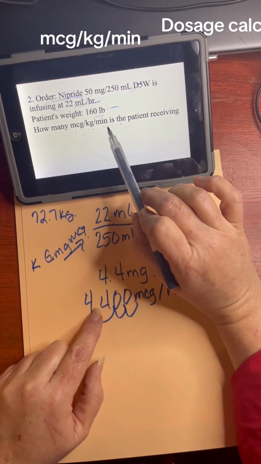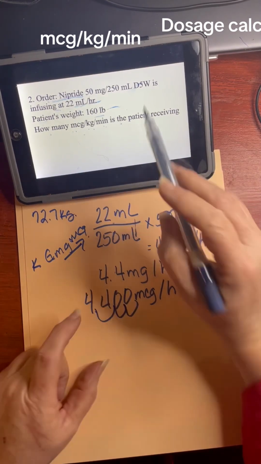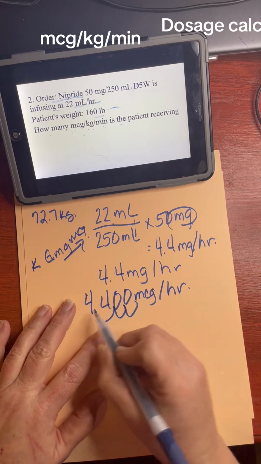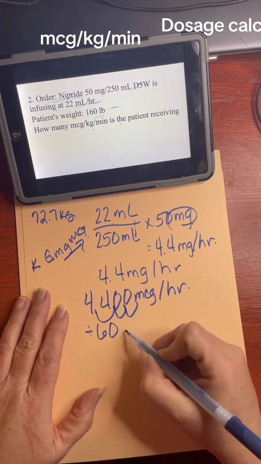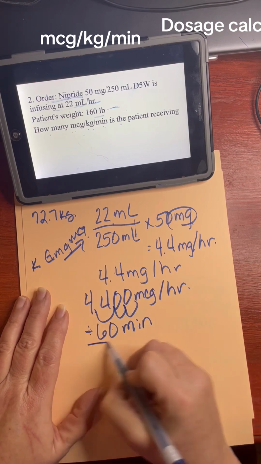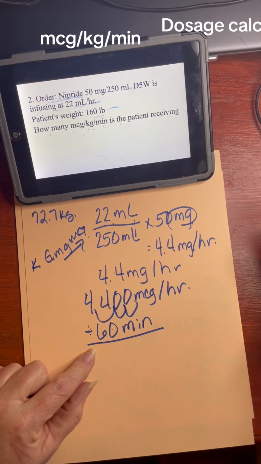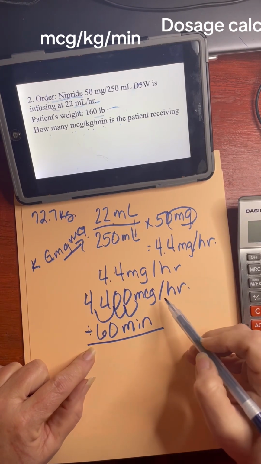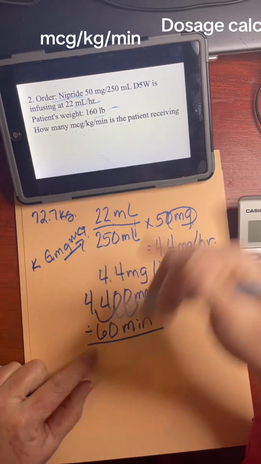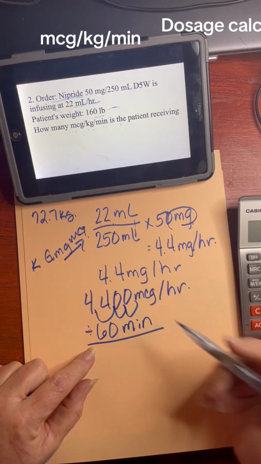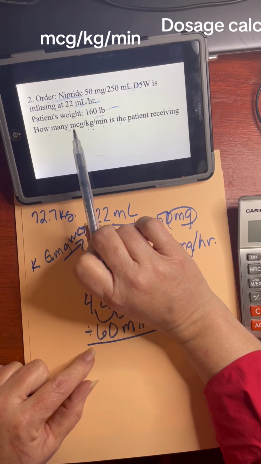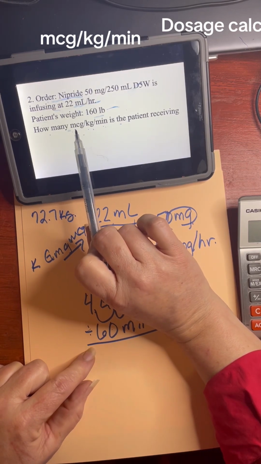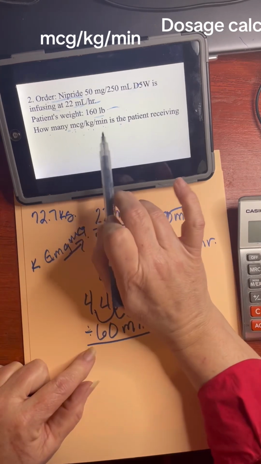But they want it in minutes. So we're going to divide 4,400 by 60 minutes to find out what he's getting per minute. You see how we're working it backwards from the first one. But if you take it a bite at a time and go from left to right, you did the micrograms, and they want it per minute.